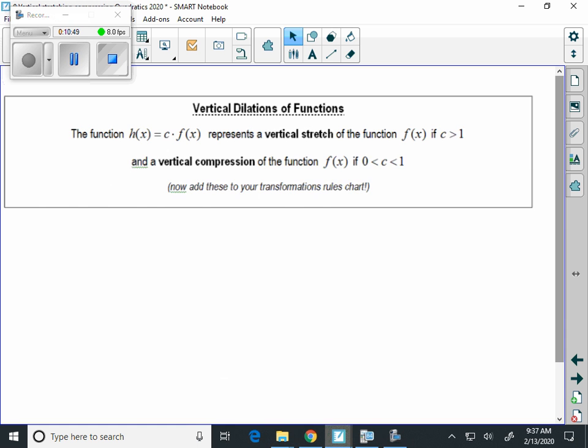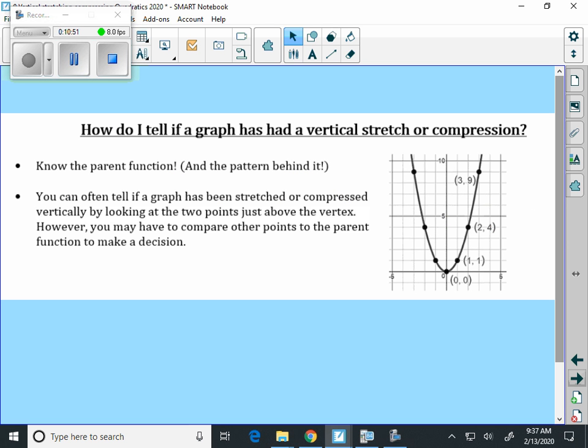So if we flip our paper over, let's take a look here. And it says, how do I tell if the graph has had a vertical stretch or a compression? So the first thing is know the parent function and the pattern behind it. And we've been talking about that as we did the shifting right, left, up, down, and then the reflections.